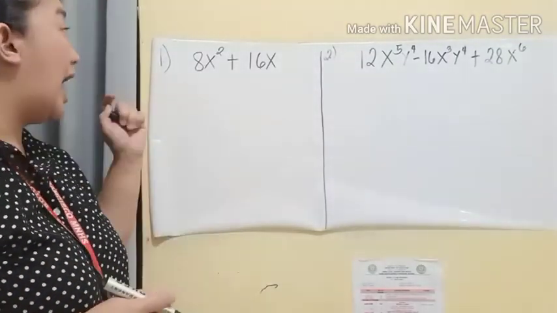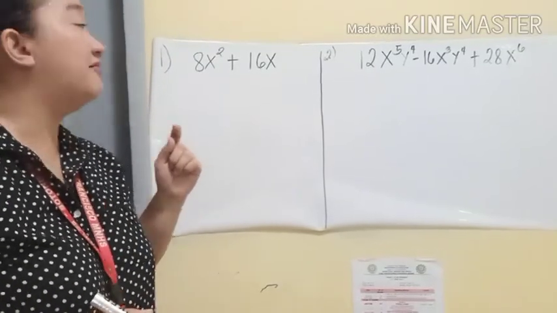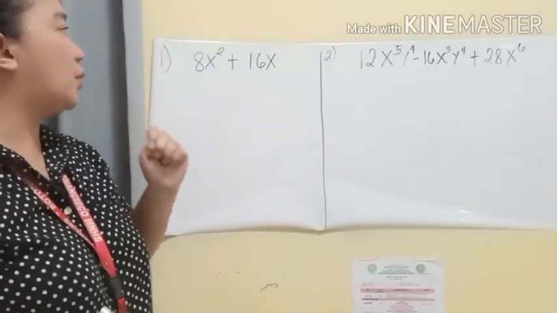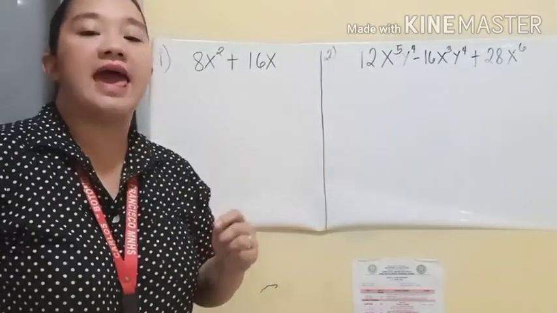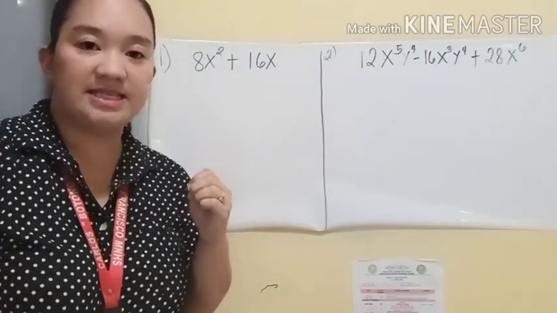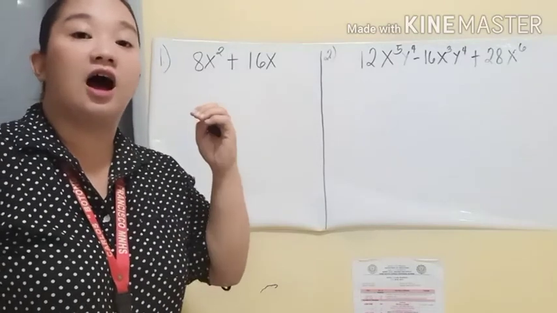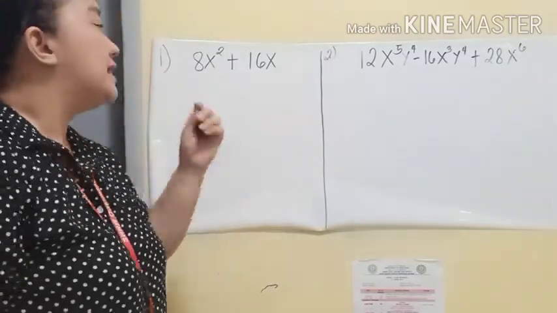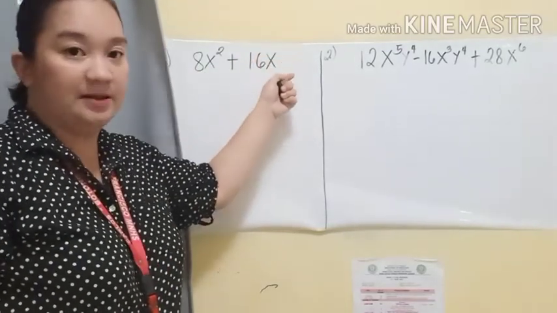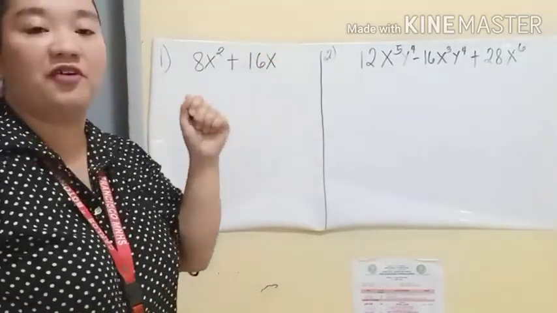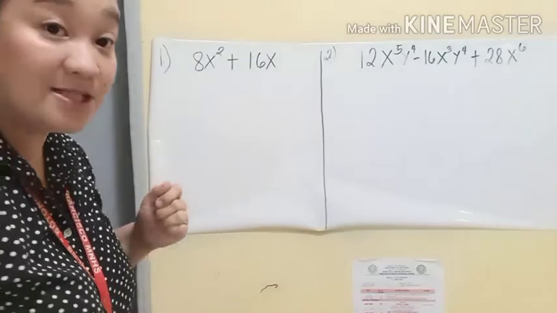We have the expression 8x squared plus 16x. The first thing to do is to get the GCF of its numerical coefficient. The numerical coefficients are 8 and 16. The GCF of 8 and 16 is 8.